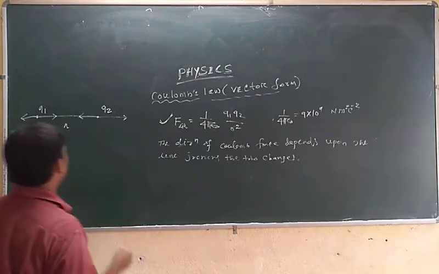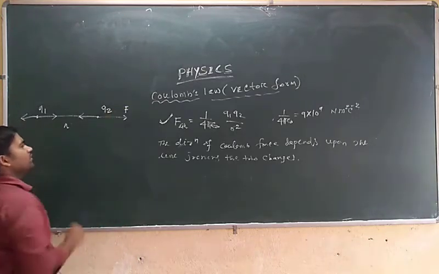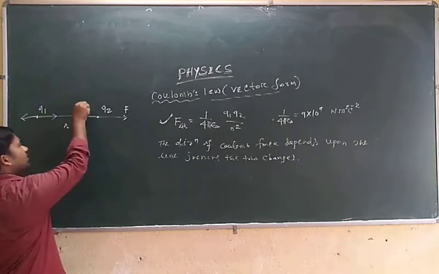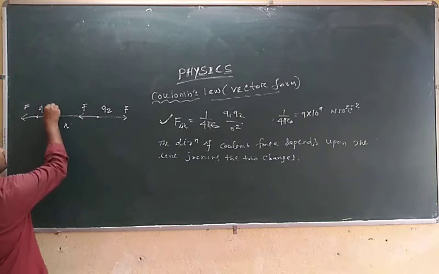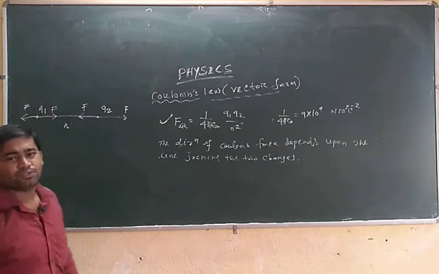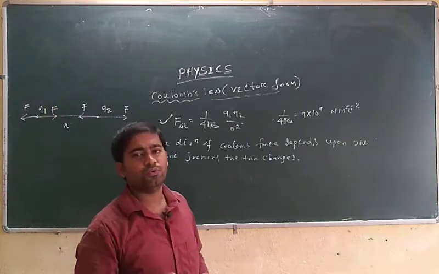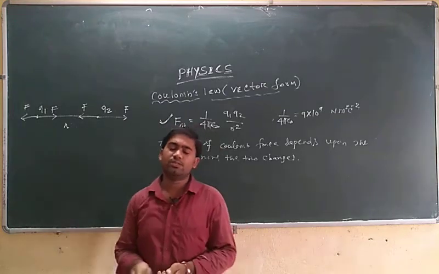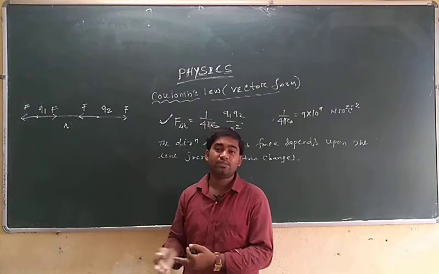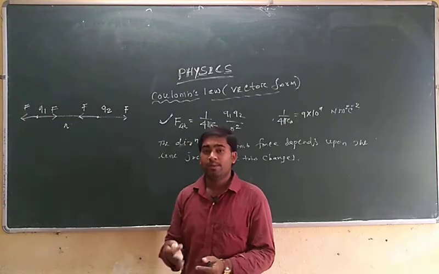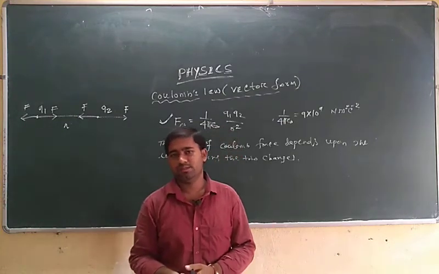The force may be away from q2 or towards q1, or away from q1 or towards q2, depending upon the charge variation. So the direction of the force always depends upon the line joining the two charges and upon the sign of the charges, that is, positive or negative.